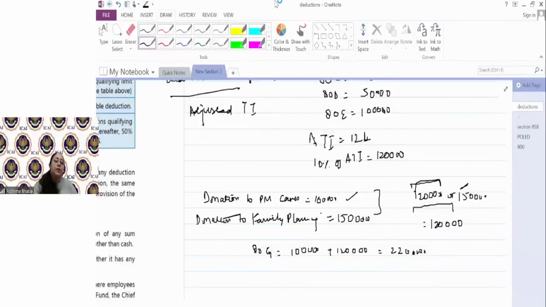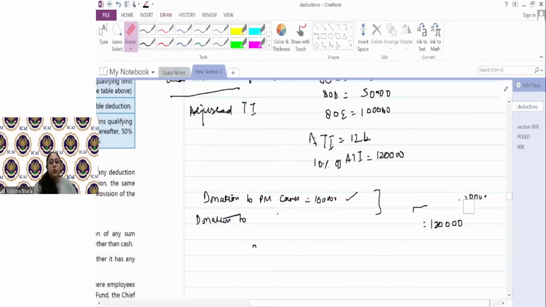Got it, guys? अब next example लेते हैं that instead of donation to family planning, the person made a donation to temple. पूरे साल में डोनेशन उन्होंने किया टेम्पल में, मॉस्क में, हर जगह टोटल डोनेशन मिला के किया ऑफ 150, सेम 150 अमाउंट लिया मैंने. अब अगेन 1 lakh पे तो देयर आर नो रिस्ट्रिक्शन, वी डोंट हैव टू वरी अबाउट दैट. नाउ 150 अगेन, it says whatever donation you make, 50% of that would be allowed subject to the qualifying limit.